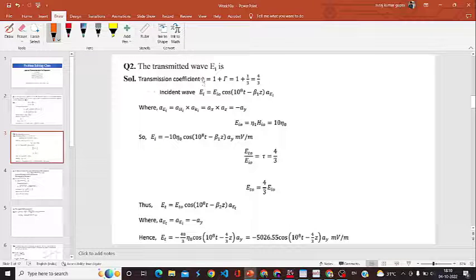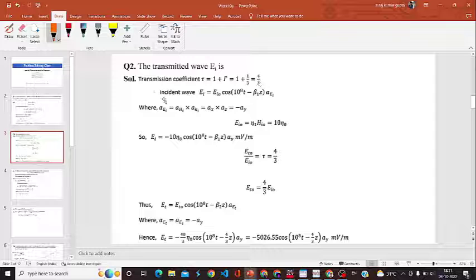The transmission coefficient is defined as 1 plus the reflection coefficient. We can put the value of gamma here to find the value of tau, that is the transmission coefficient, and this coefficient will be equal to 4 by 3.